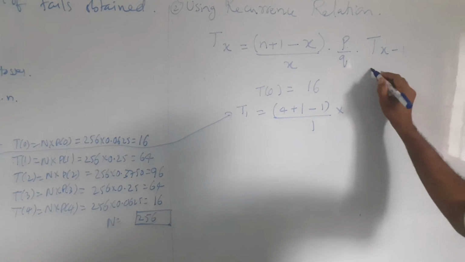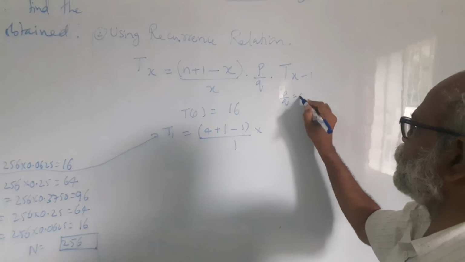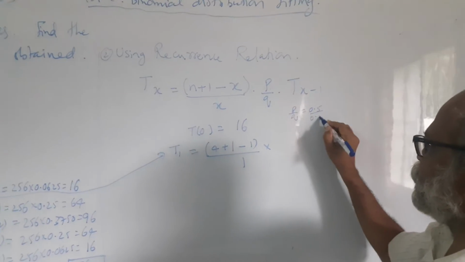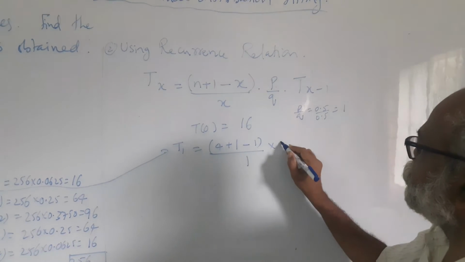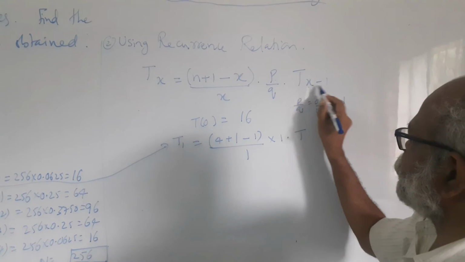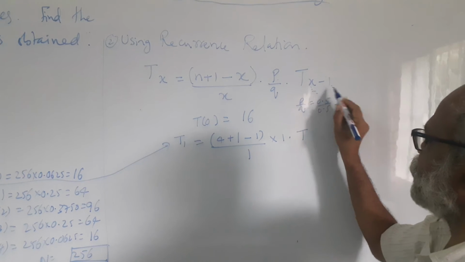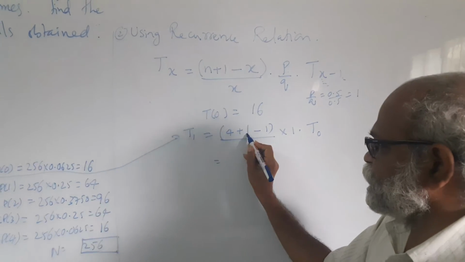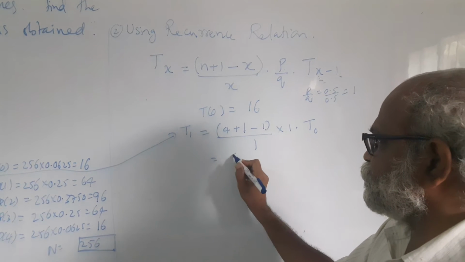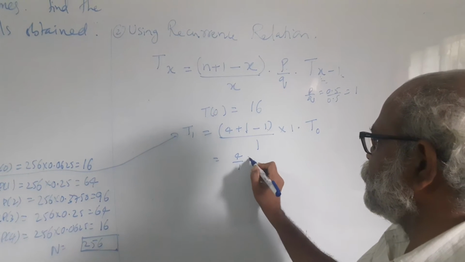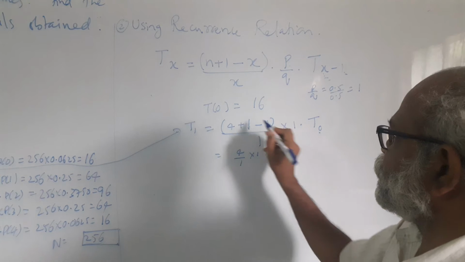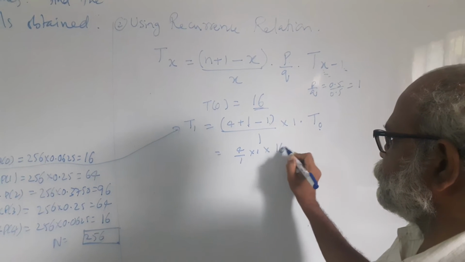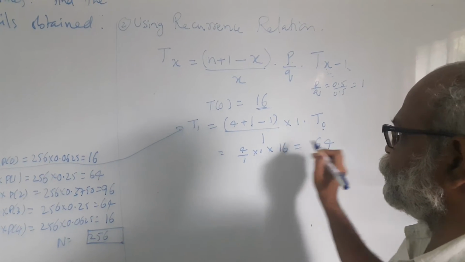P by Q you calculate once: 0.5 divided by 0.5 is 1. Then 1 into T0. That is 4 plus 1, 5, 5 minus 1, 4 by 1 into 1 into my T0, 16. So you will get 64.